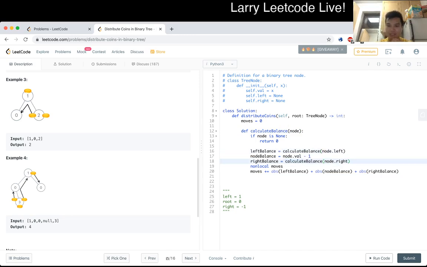So what is the balance of this node? I think it's just left balance plus node balance plus right balance, right? Something like that.